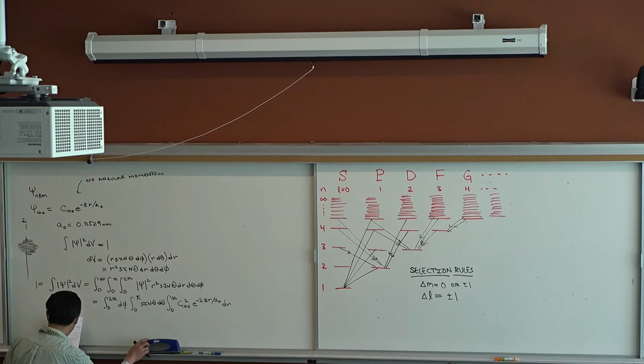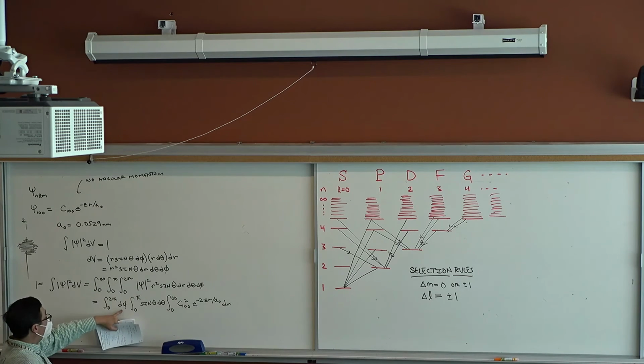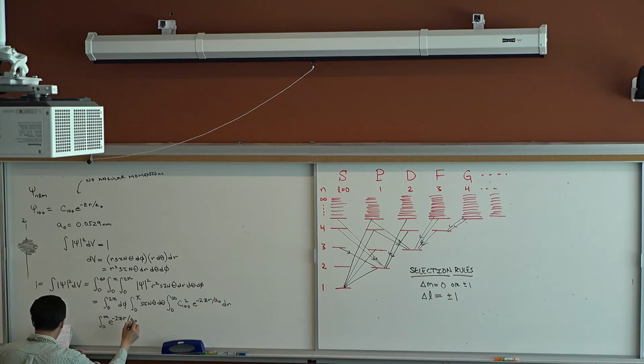If we do that, well, what is the integral? I'll do this first one for you. The integral of d phi from 0 to 2 pi is just 2 pi. If we actually try the radial one, we get the integral from 0 to infinity of e to the minus 2 z r over a naught.